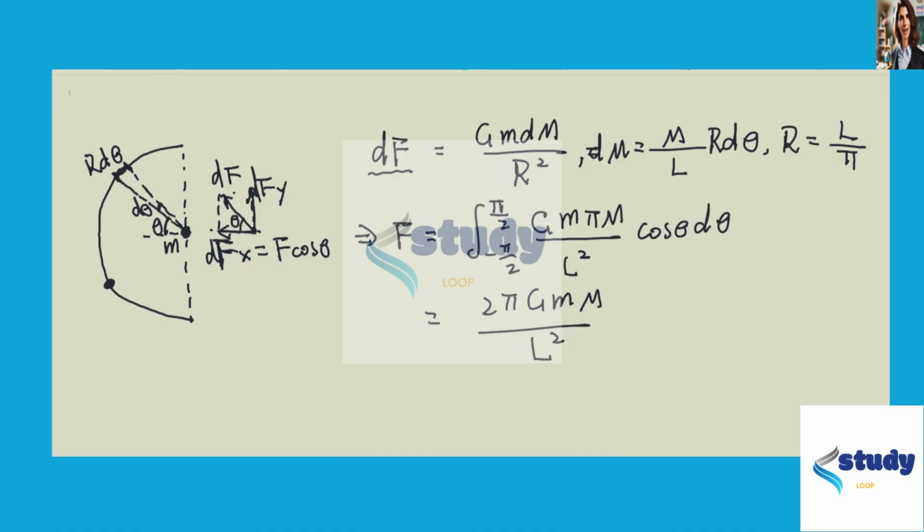They are symmetric, right? So their y components can always be canceled. So every point here, you can always find another point here. Their y components get canceled, but they have the same x component, right? So the net force has only an x component going to the left.